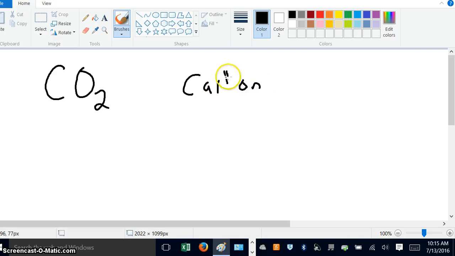Of course, there's only one carbon, and the oxygen, there's 2 of them, so it's carbon dioxide, because di is the Greek for two. Notice we end in IDE. That's very important with all of these. So that's called carbon dioxide, which you probably knew already, but that's just the proper way of naming that.